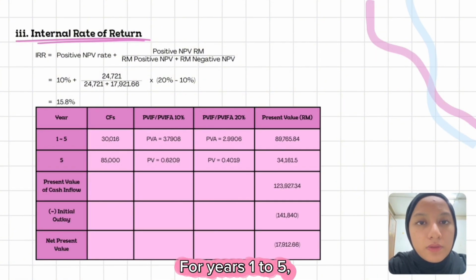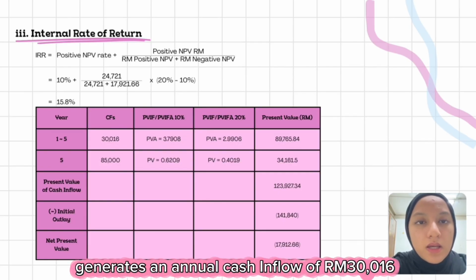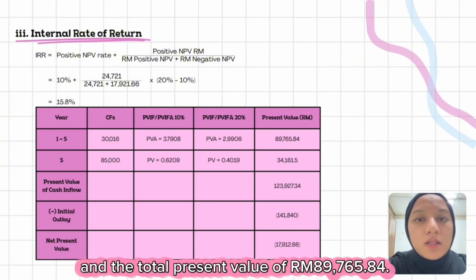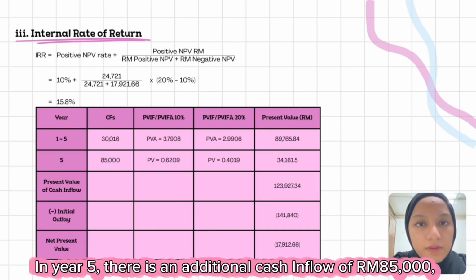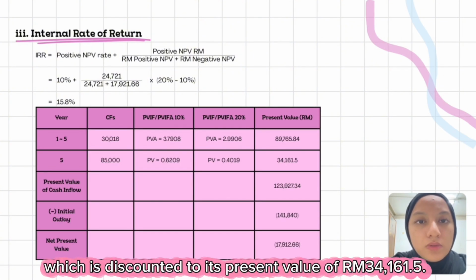For years 1 to 5, the project generates an annual cash inflow of RM30,060 and the total present value of RM89,765.84. In year 5, there is an additional cash inflow of RM85,000, which is discounted to its present value of RM34,161.50.